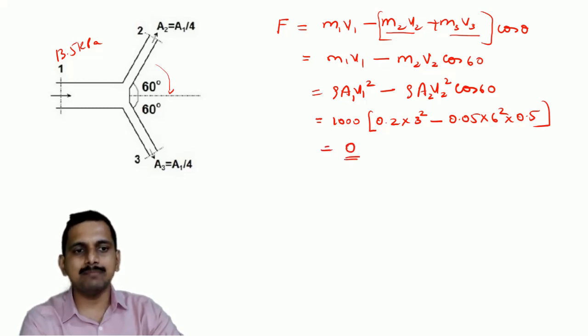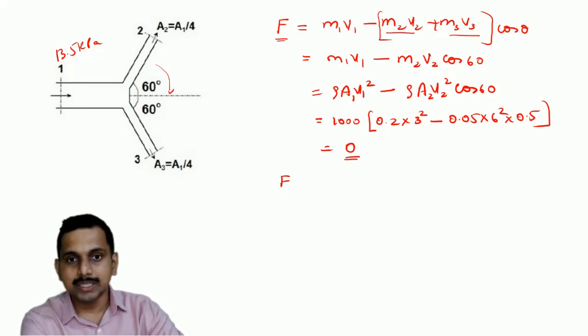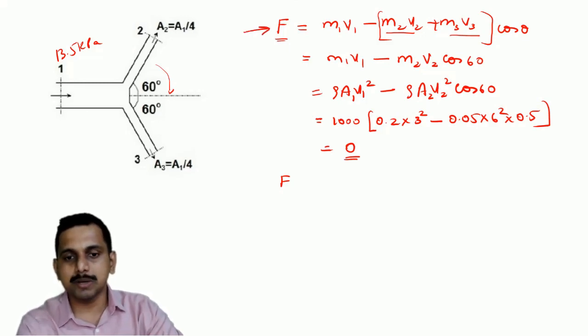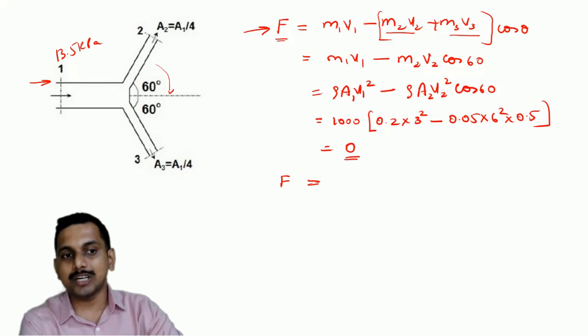So don't get alarmed, there is pressure here. This is force due to change in momentum, which becomes 0, and this is force due to pressure. Force due to pressure is acting only in the x direction. We are not worried about these pressures, because what is important is how much it varies between this and outside atmosphere.